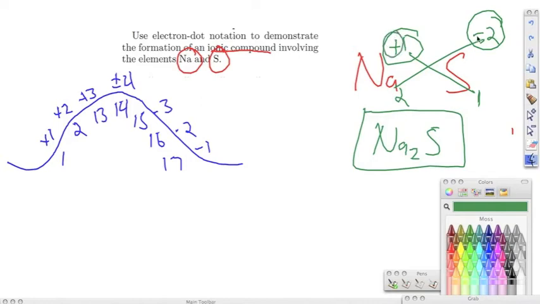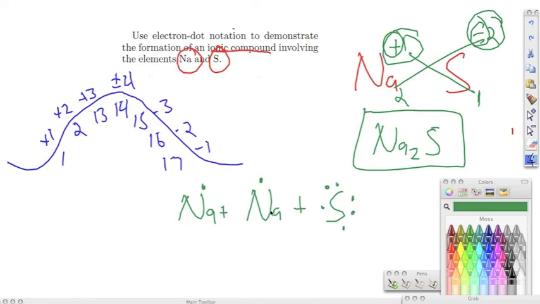Now, the positives and the negatives come into play because they tell us what's happening to the electrons. In sodium, the electron dot is just 1 dot. It's Na, it's +1, has 1 dot. Sulfur has 6 valence electrons, and it's -2. So we have to have 2 sodiums each giving one of their electrons to sulfur to make this compound.